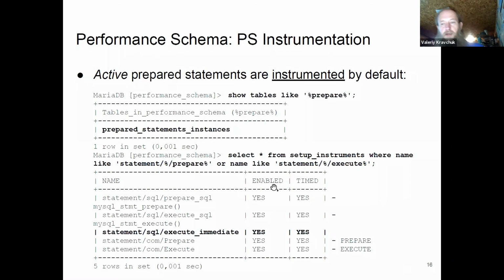So let's get back here. There are different kinds of prepared statements. Server side, it's prepare and execute. They are also instrumented, and client side, like calls to MySQL statement prepare if we speak about C API, and MySQL statement execute. So we have these corresponding instruments now. We can see where it comes from.